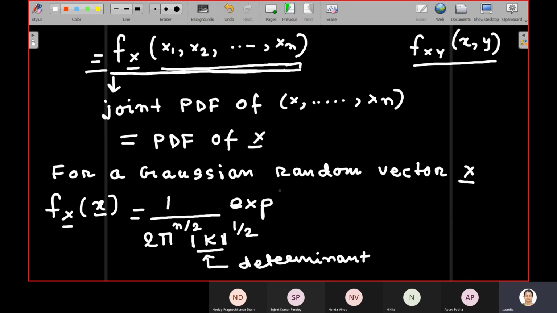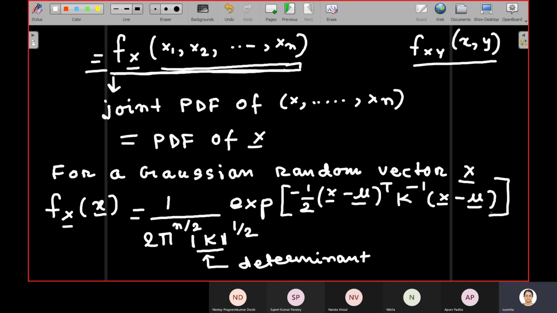The exponential term has a scalar argument, minus half, x minus mu. Earlier we had a square term, now we cannot do square. Mu is the mean of the random vector. We had variance in the denominator earlier. Now we need to use the inverse of the covariance. Now see, this is n cross 1, and we are doing the transpose, so it becomes 1 cross n.